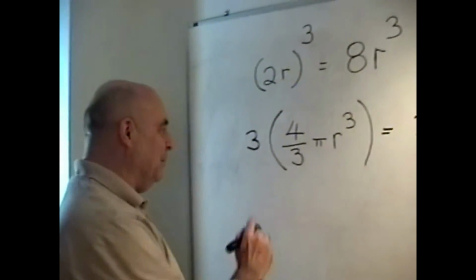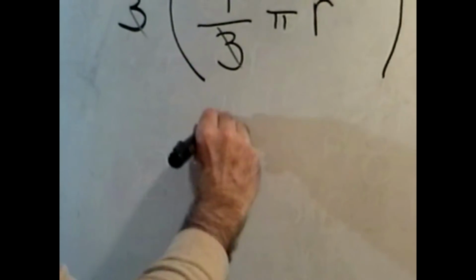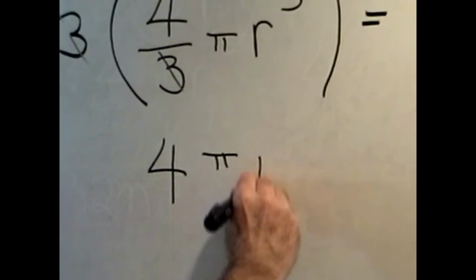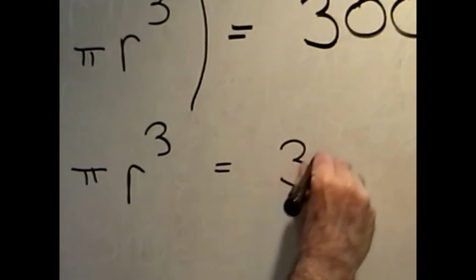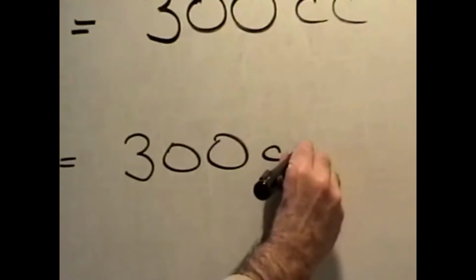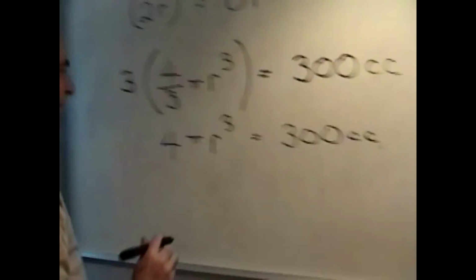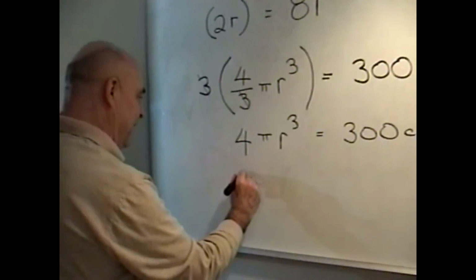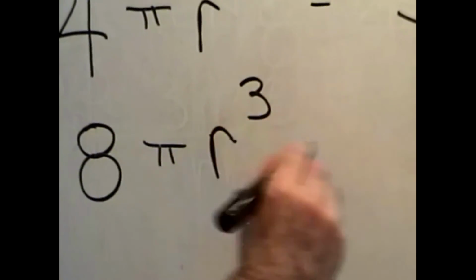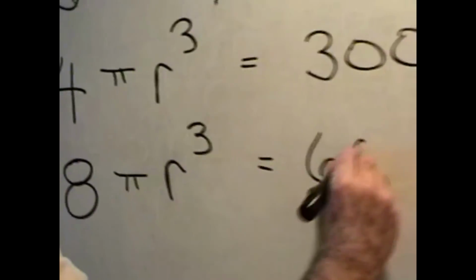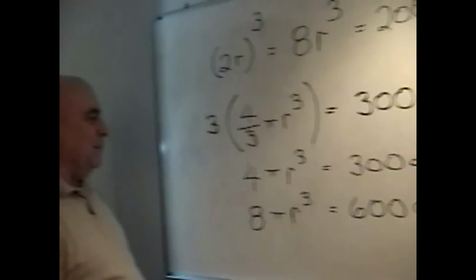And let's just proceed with this a little bit. This 3 and this 3 cancel. So we have 4 pi r cubed equals 300 cubic centimeters. And if we double each side of this equation, we will have 8 pi r cubed equals 600 cubic centimeters.